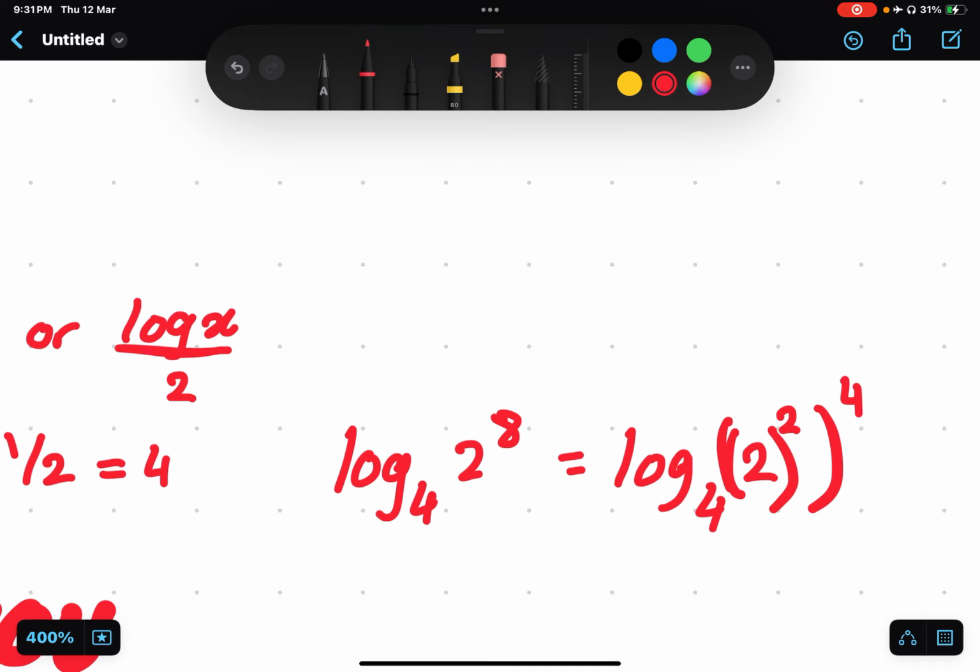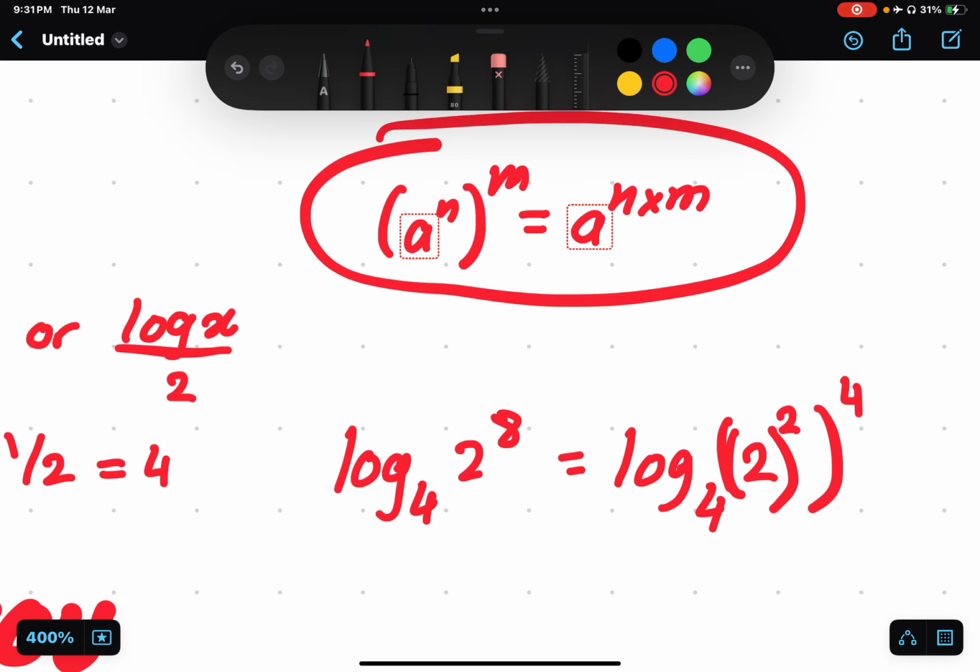Can we do that? Yes, we can. You know why? Because a to the n, to the power of m, becomes a to the power of n times m. That's an identity of exponents. So we just multiply this and we get 2 to the power of 8.